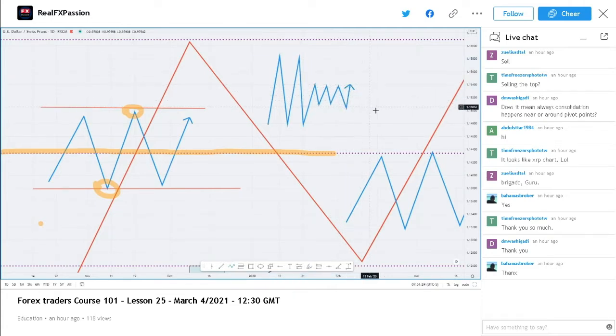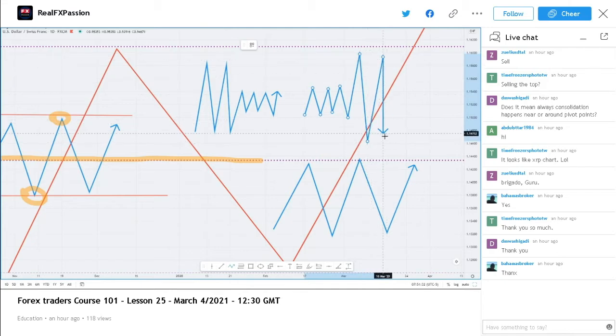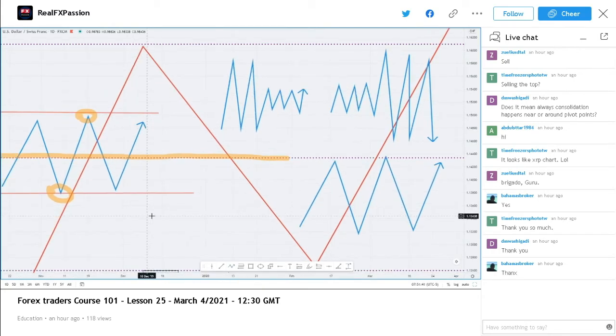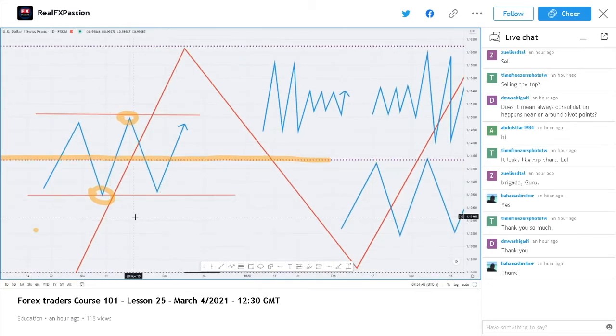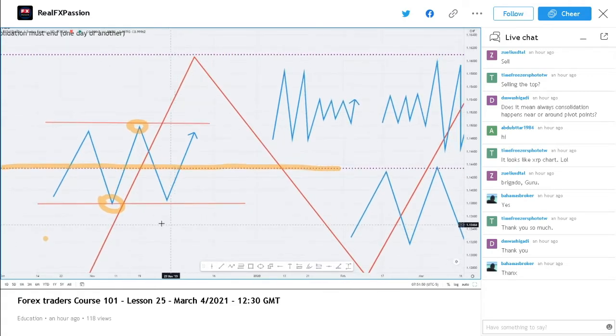Or also the market can start doing the small consolidation and then expand to a bigger consolidation. Remember previous lessons? Zuelio says stay out. But I don't want to stay out. Fair answer, stay out.